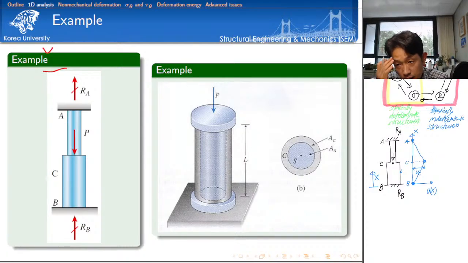Okay, this is our displacement field according to the displacement compatibility. For general discussion, instead of zero nodal displacement at point A and point B, let's consider non-zero displacement. That doesn't produce any difference, okay?